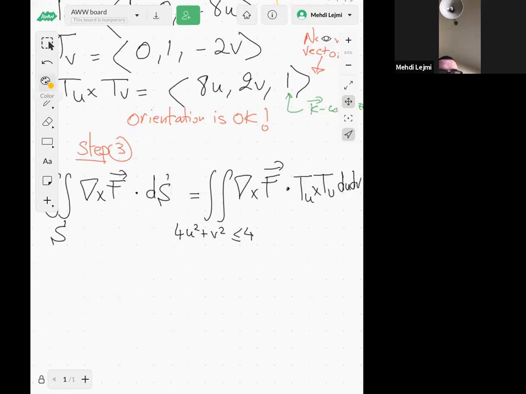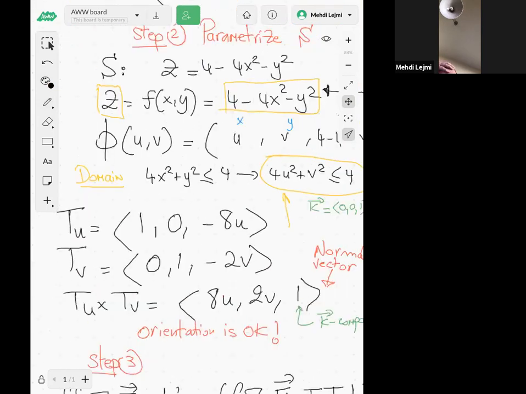So curl of F. Let me just write down here, curl of F. That was in the first step. Let's see, where's the curl of F?